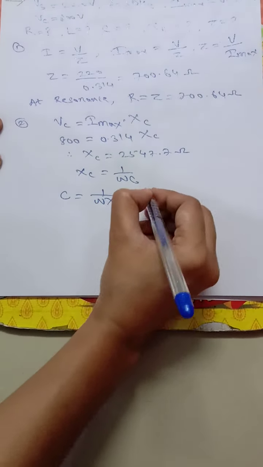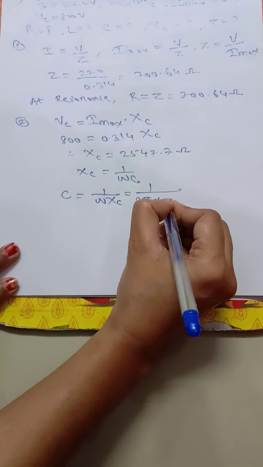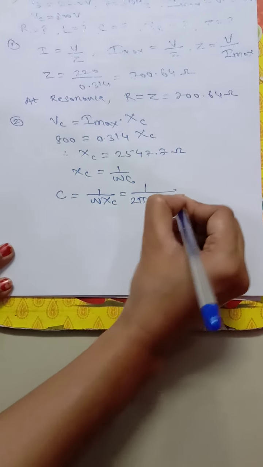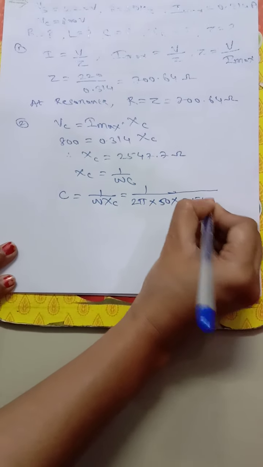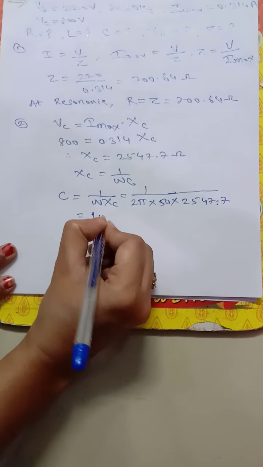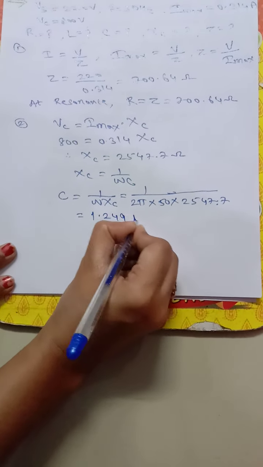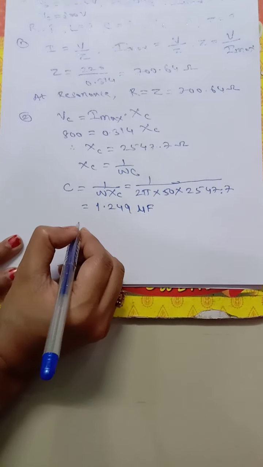My omega is 2 pi F, where F is 50, the resonance frequency. And XC is 2547.7. So the capacitor will be 1.249 microfarad. You can cross verify this answer with the help of the calculator.